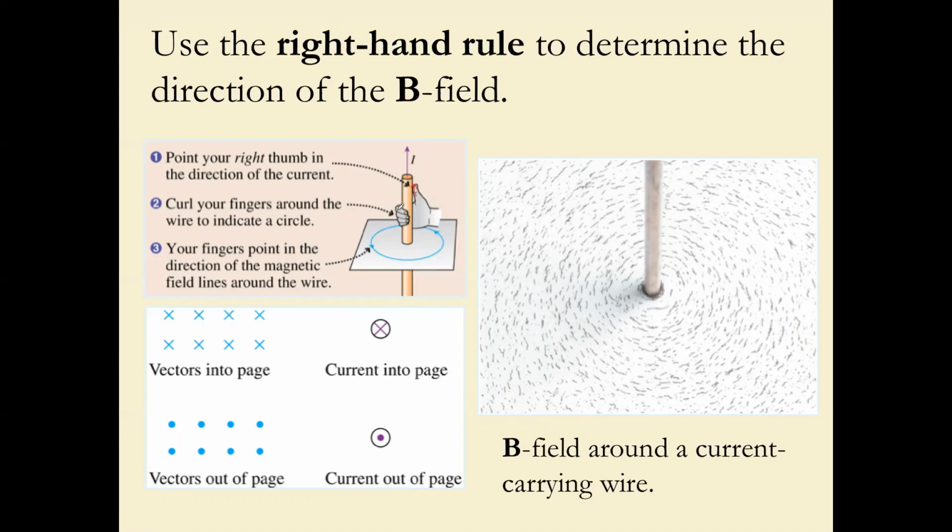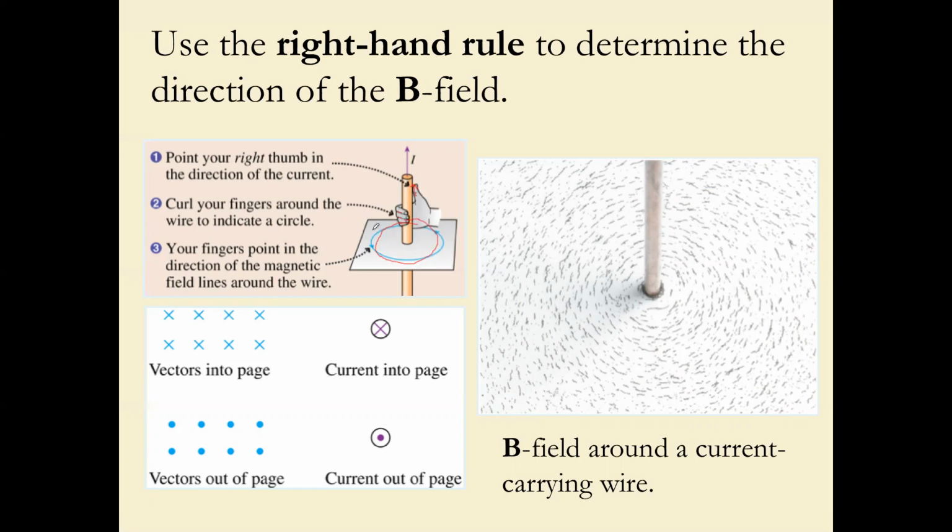Then the other 4 fingers, you will curl around the wire to indicate a circle. So you make a circle when you curl your fingers around the wire.